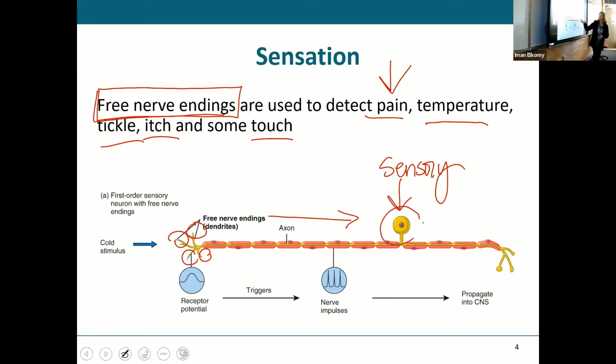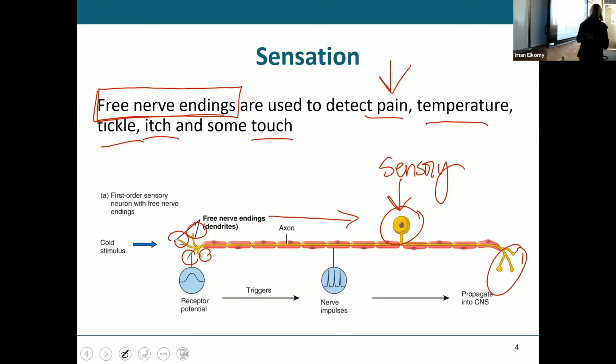Where is this cell body here? Do you guys remember? Dorsal root ganglia, right? And then it's going to relay over here on this end, either to a reflex through a motor neuron, or maybe even an interneuron and another neuron that takes it up to the cerebral cortex, okay?